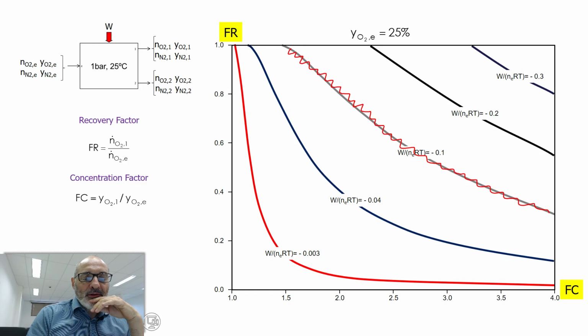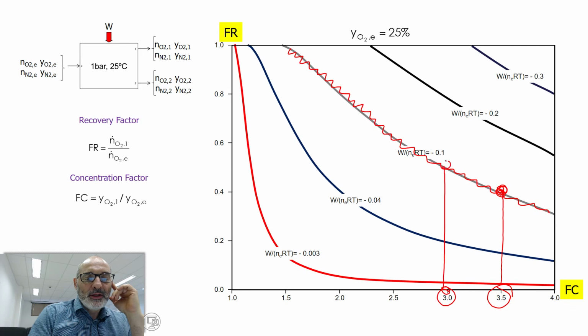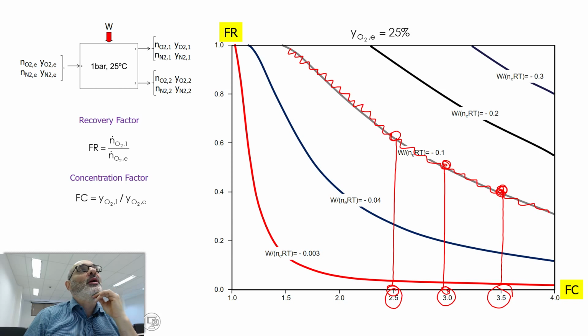When I fix the concentration at the exit, I get one point. Then I change the concentration and I get another point. I change the concentration, I get another point, and so on. Then I change the amount of work and repeat the process.